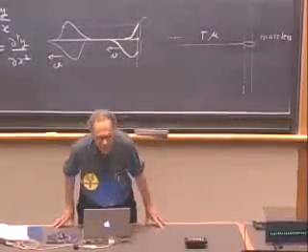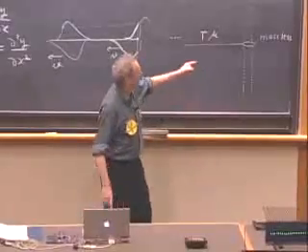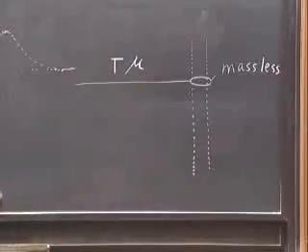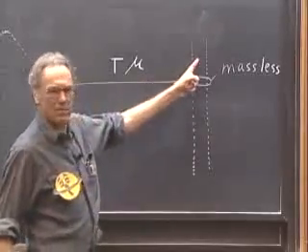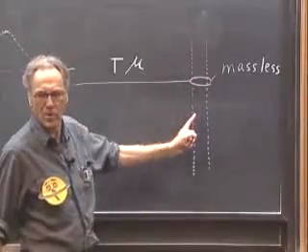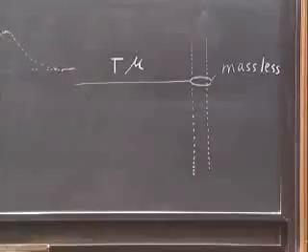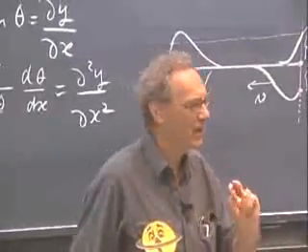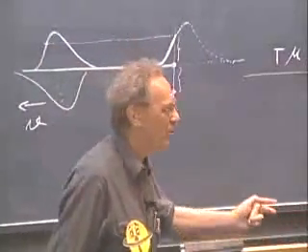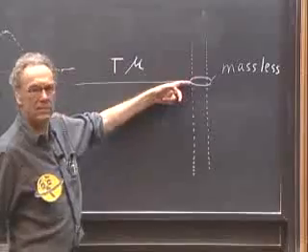However, the shape of that string right here is now very special. At all moments in time, what will the shape of this string be when we photograph it? No matter when you photograph it. You can photograph it before the pulse is there, after the pulse is there, at any moment in time. What will this point look like?